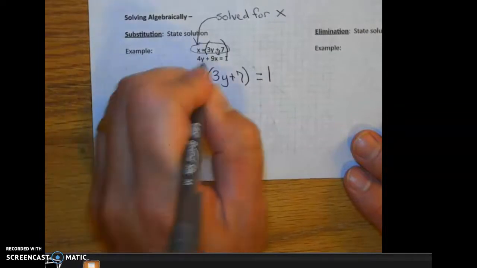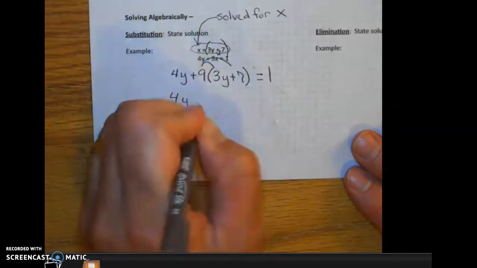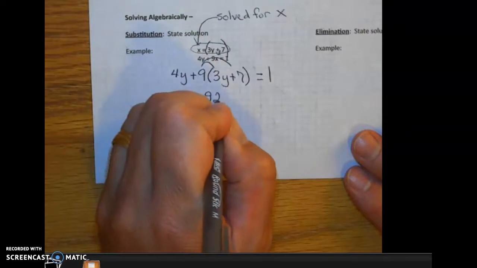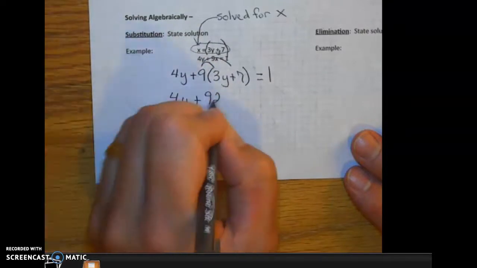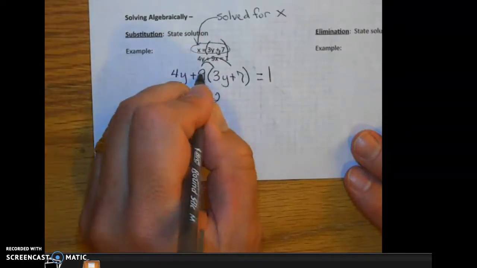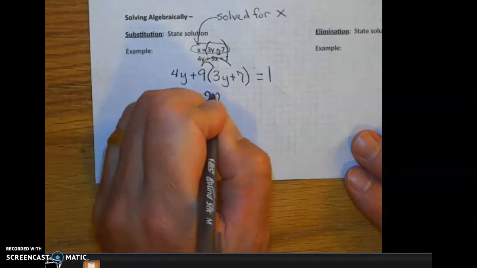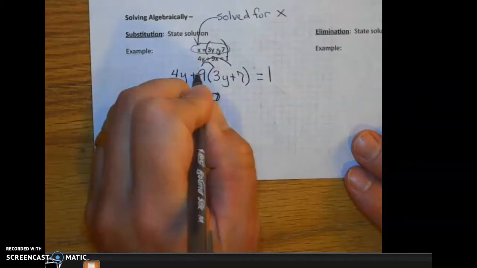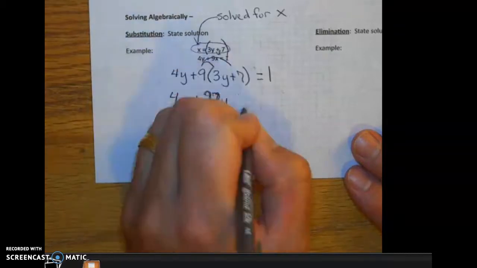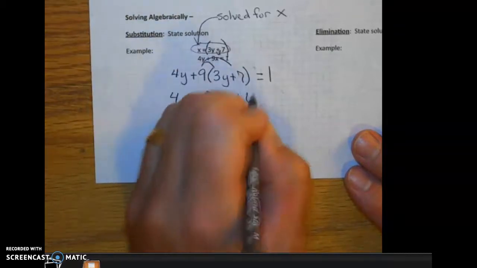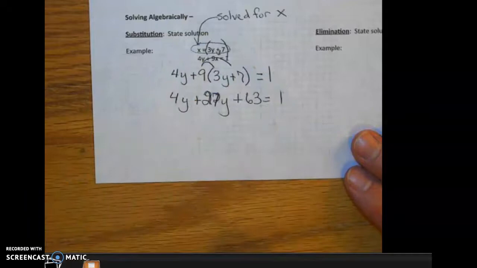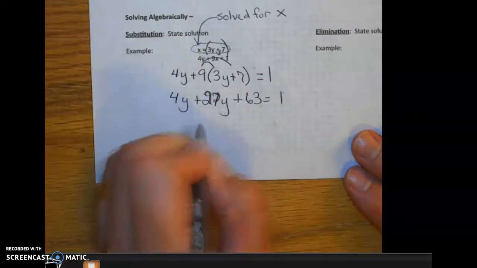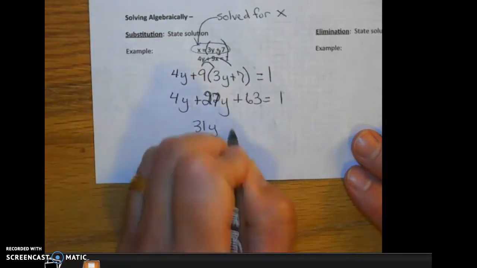We're going to start off by distributing the 9, which is multiplication. Oh my goodness, sometimes I write what I say. 9 times 3 is 27, and 9 times 7 is 63. All right, combining like terms, we get 31y.